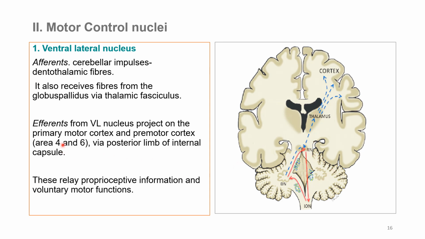Efferents from the ventrolateral nucleus project onto the primary motor cortex and premotor cortex, those are Brodmann areas 4 and 6, via the posterior limb of the internal capsule. These relay proprioceptive information and voluntary motor functions. These are important for proprioception and voluntary motor functions.